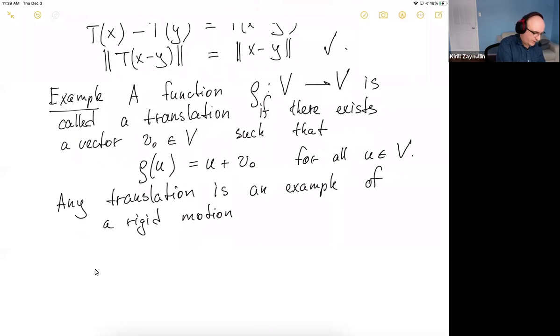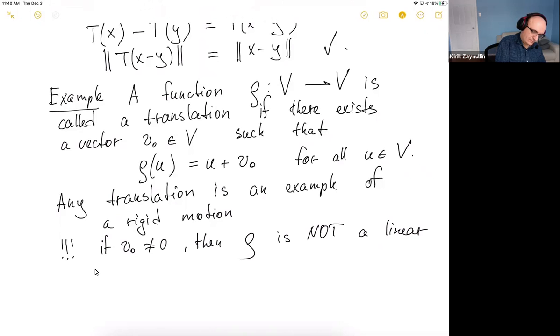However, let me stress that, well, if V0 is not 0, then the respective translation is not a linear operator. By the way, why is it not a linear operator? Because one of the basic properties fails, namely rho of 0.